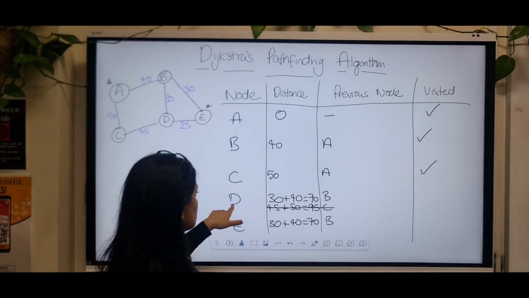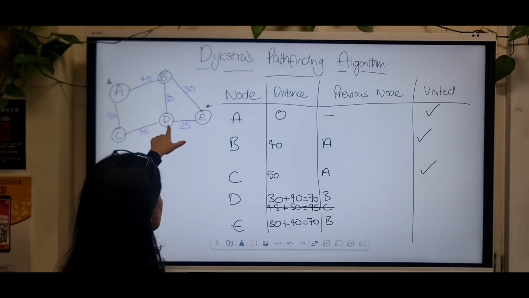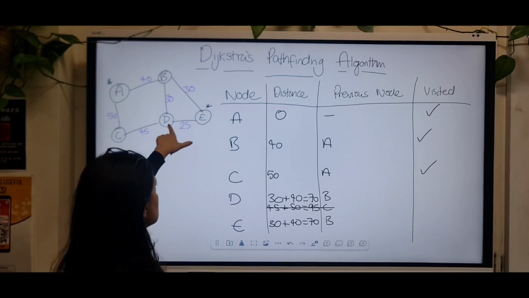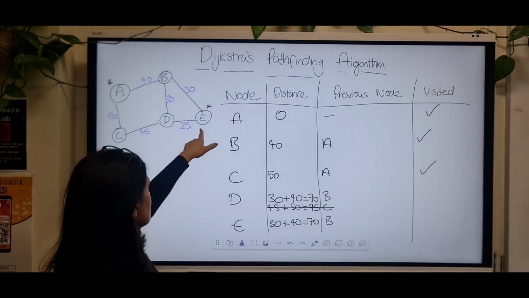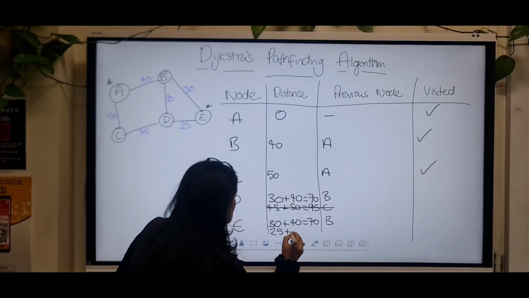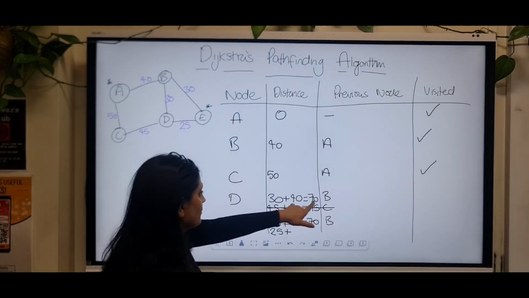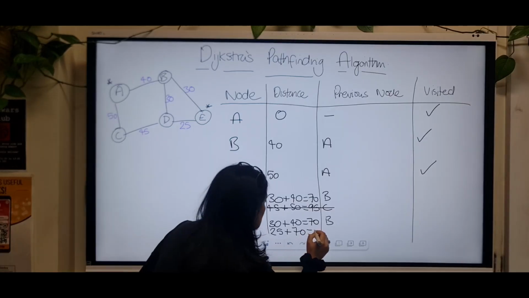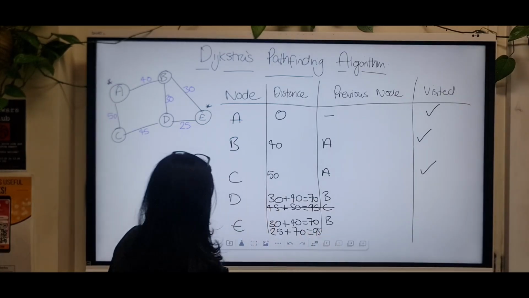The next unvisited node is D, and it's connected to B, but that's visited. We don't go backwards. D is also connected to E with a distance of 25. So I'm going to write that down. 25 plus the value of D, which is 70. And that gives us 95.